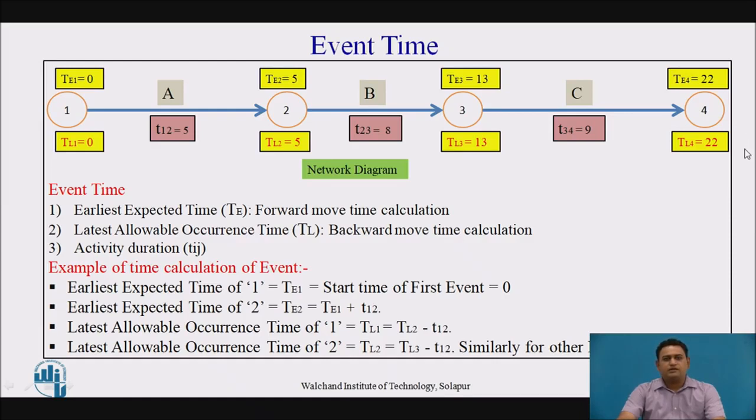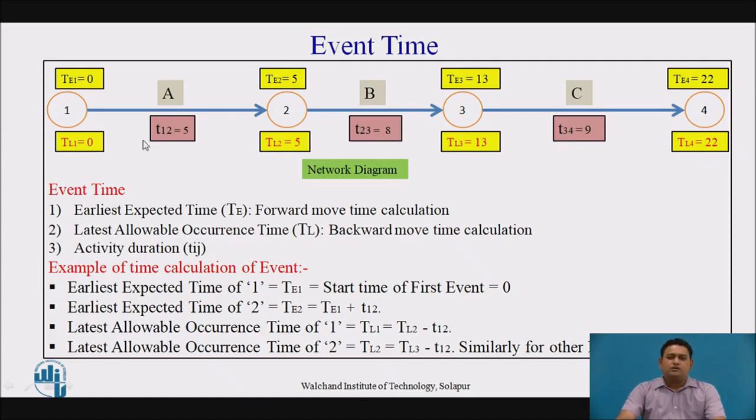And there are the latest allowable occurrence times, which are mentioned below the nodes, capital TL, which is calculated by moving from the right hand side to the left hand side.